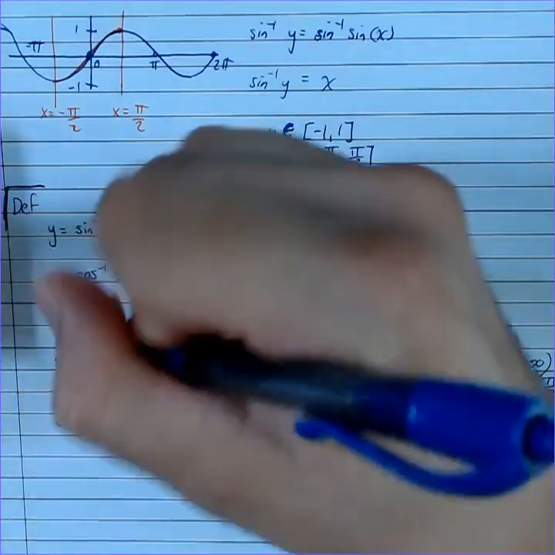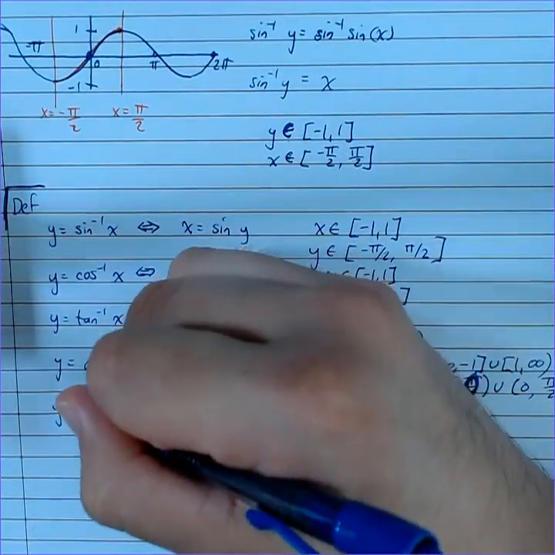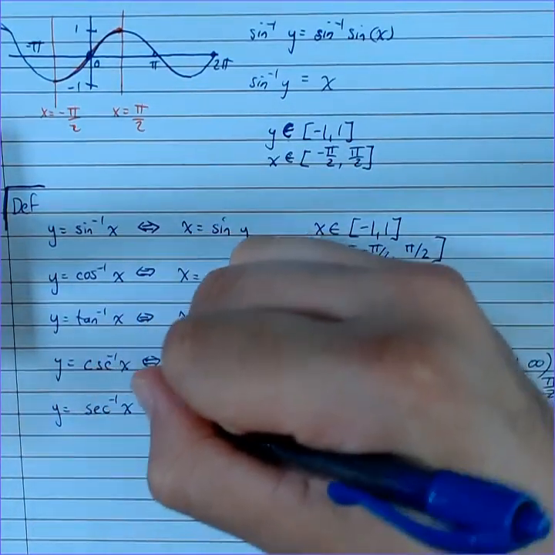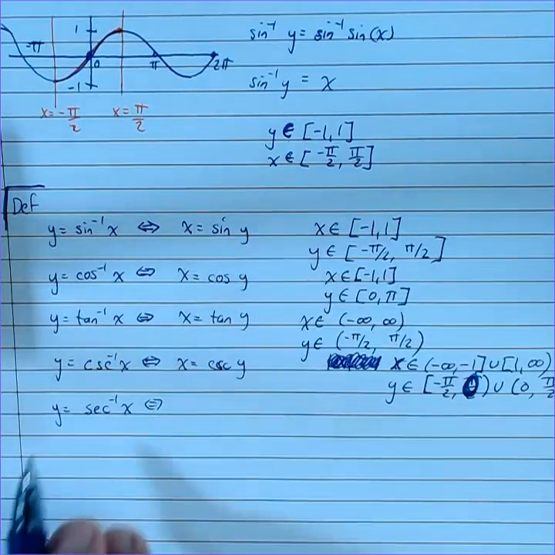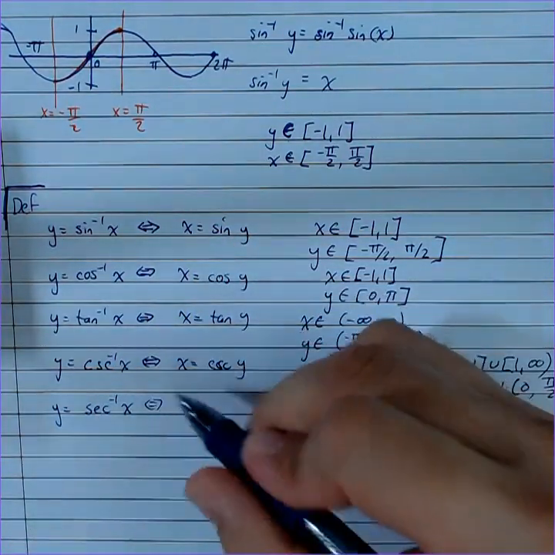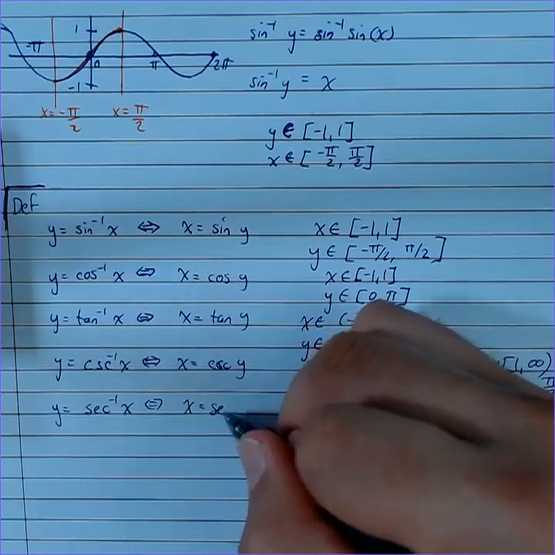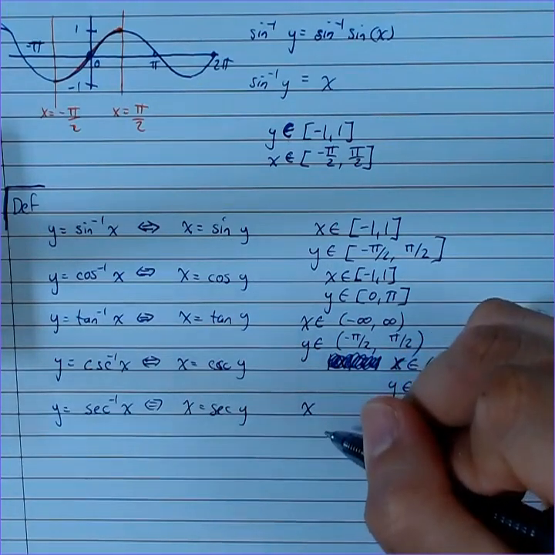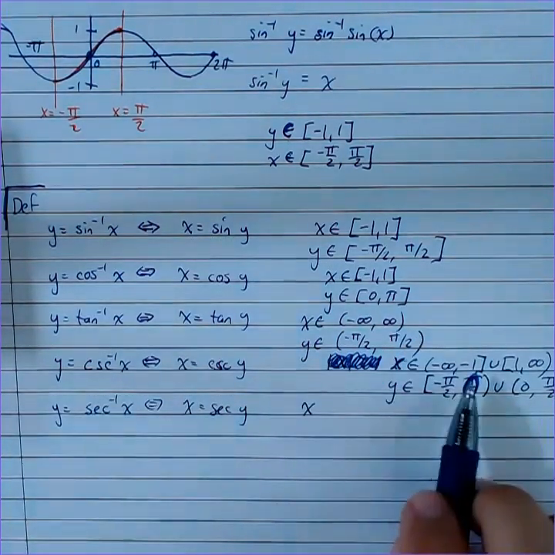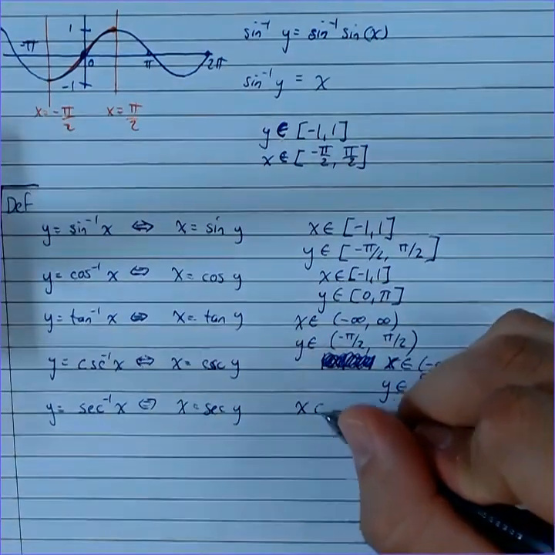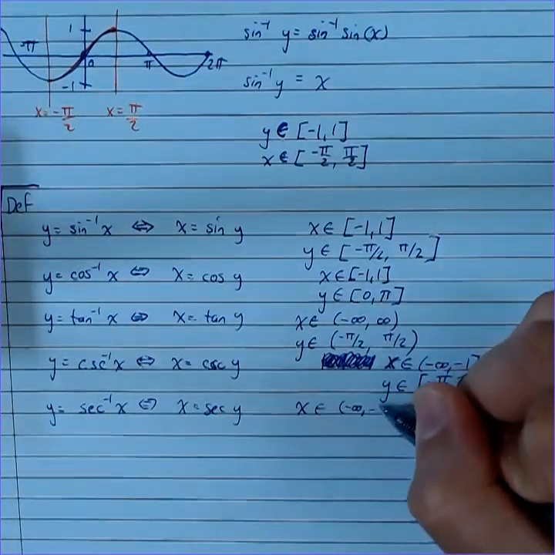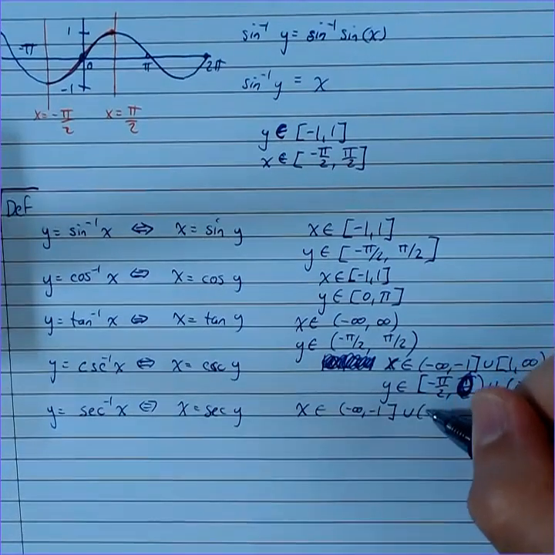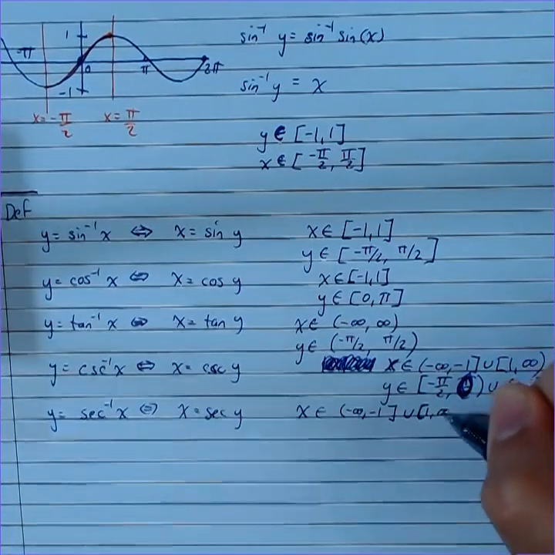The arc secant, the inverse secant function, is defined as y equals the inverse secant of x if and only if x is equal to the secant of y. And that's going to have a restricted domain where x is, in fact, the same as this one, -infinity to -1, union with 1 to infinity.